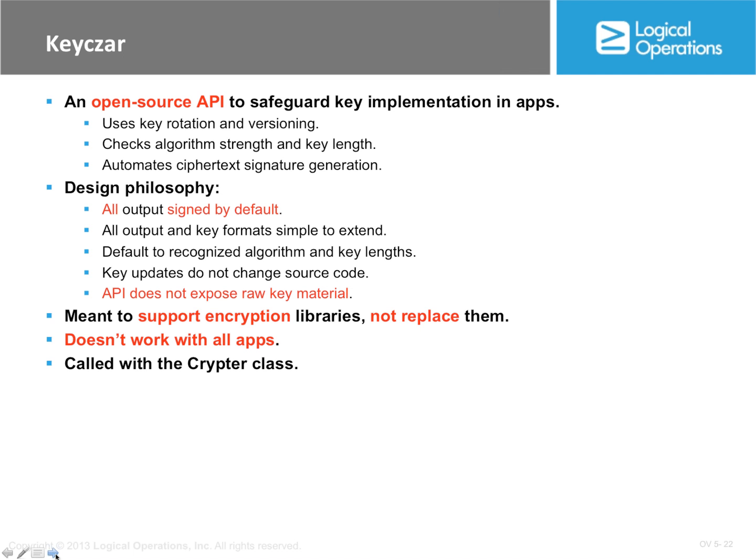It is not there to be truly depended on for encryption; it's a support mechanism, not there to replace the encryption algorithm or library itself. And not all applications are going to work with Keyczar. So this is where the test and retest through the software development lifecycle begins to come into play.